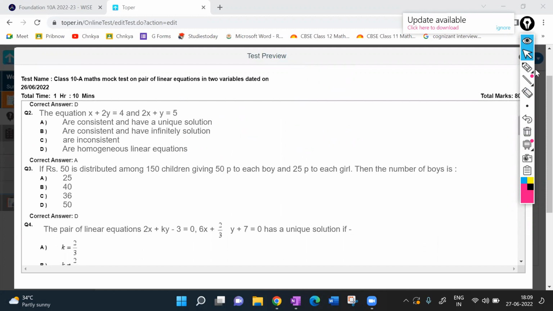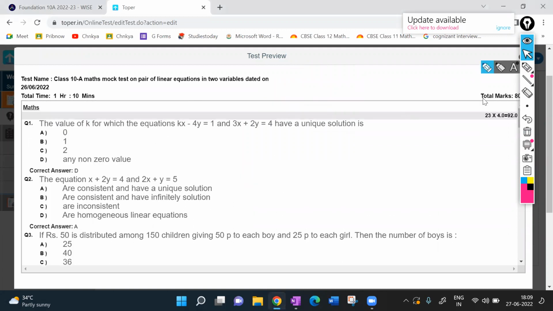But if it is any non-zero value, if it comes to be 6, then you'll have it equal, right? Any non-zero value, it can be 6 also. So, non-zero value means 6 by 3 equals 4 by 2. So how can it be? 6 by 3 is not equal to -4 by -2, correct?